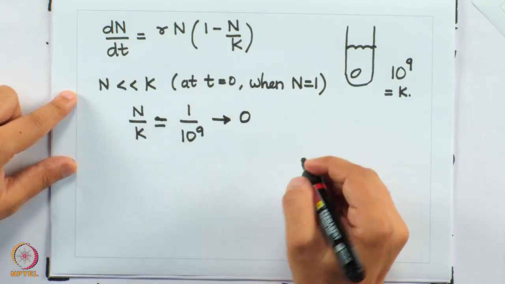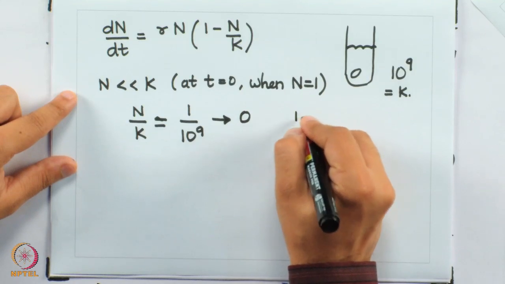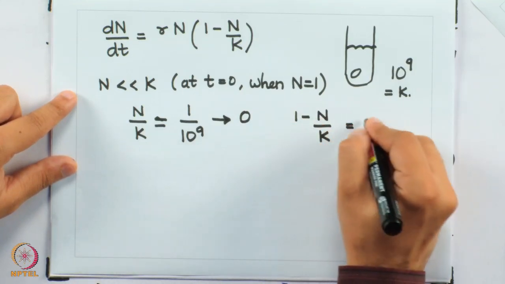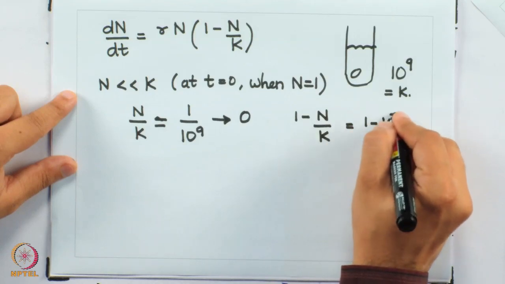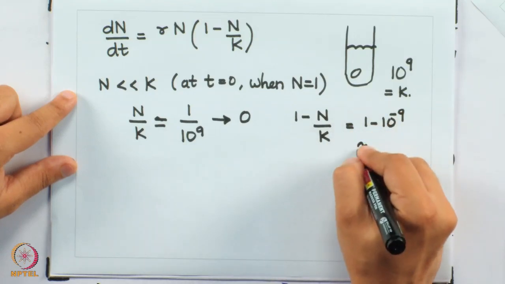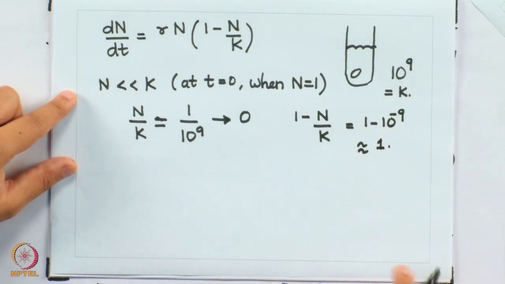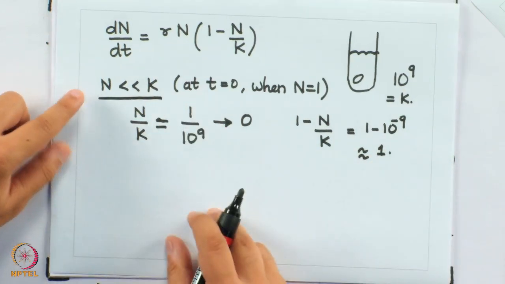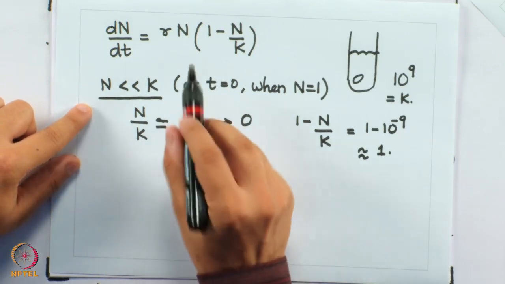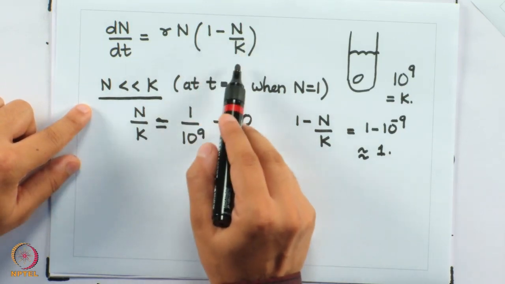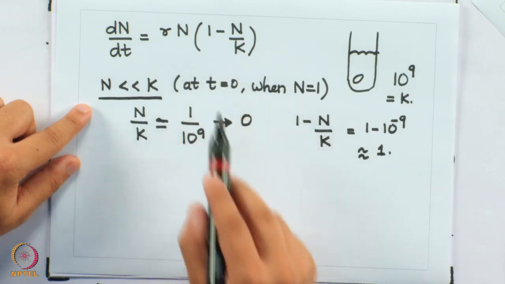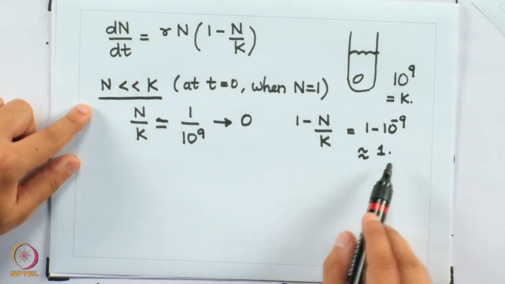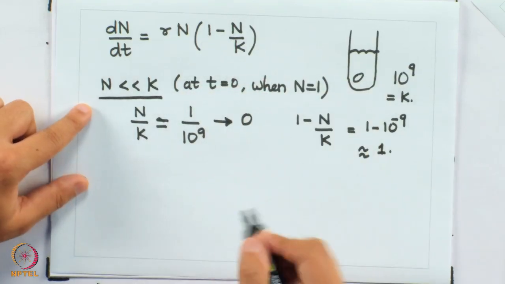So 1 minus N by K, which is equal to 1 minus 10 power minus 9, is approximately equal to 1. So, at this point in the growth phase, when N is much less than K, this additional factor 1 minus N by K that we have introduced in our equation is approximately equal to 1 and hence can be removed from our equation.